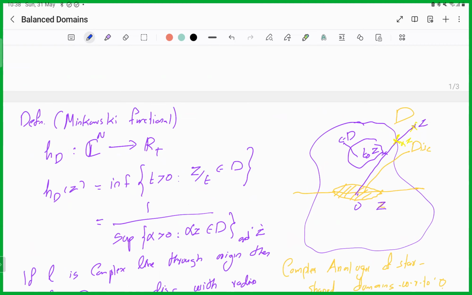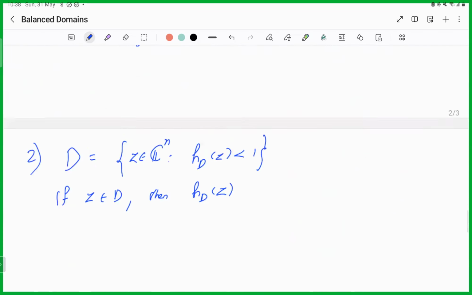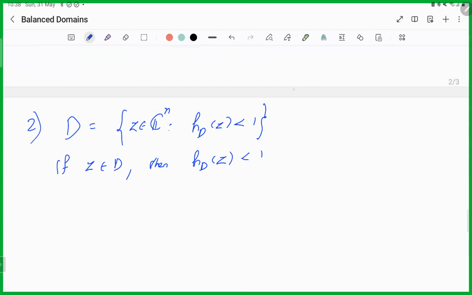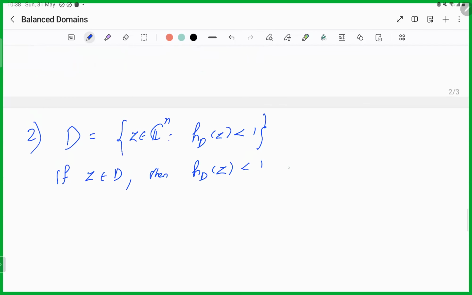If H_D of z is less than 1, what does that mean? By definition, there is a t naught less than 1 such that z by t naught belongs to D. We multiply by t naught.